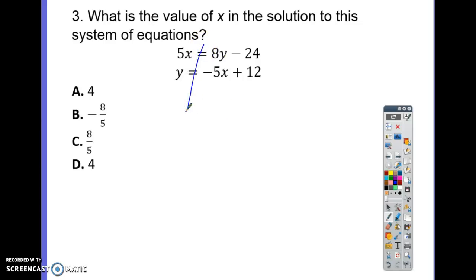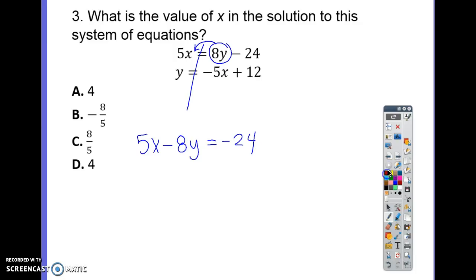So right here, my 5x is first. Then I need to move the 8y right here after it. So that would be 5x minus 8y equals negative 24 for the top equation.